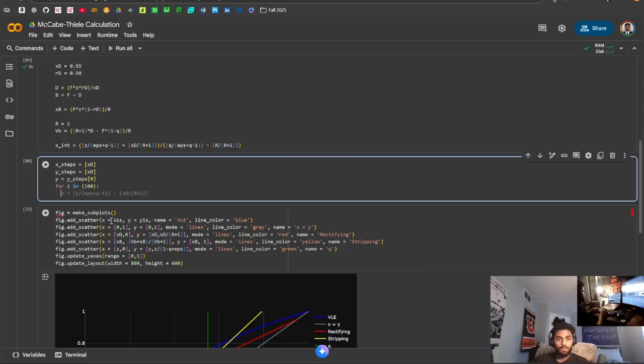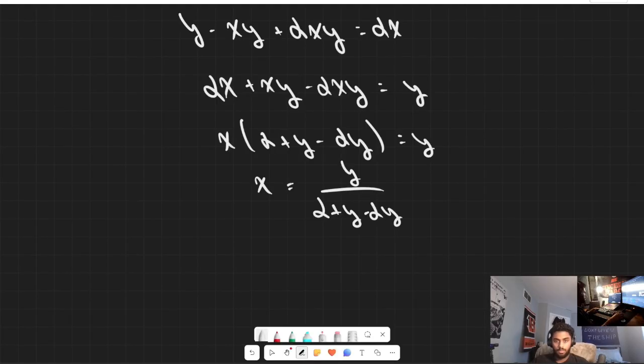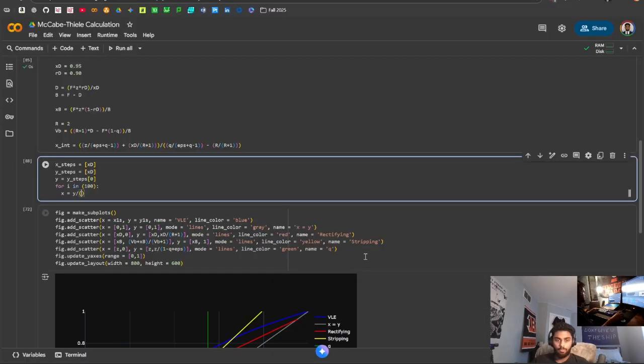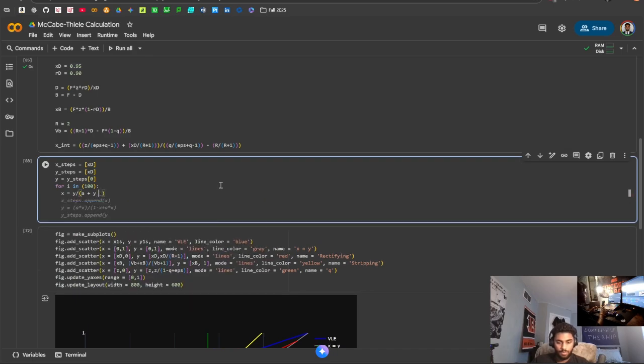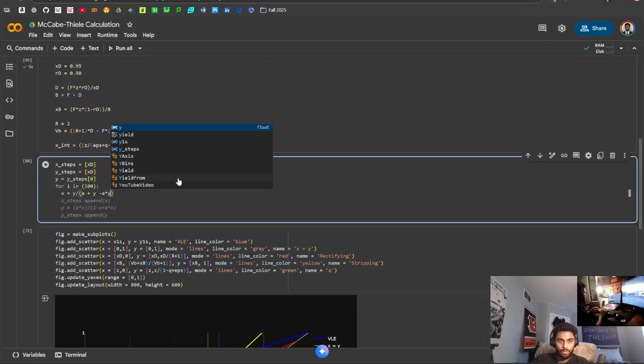So what we want to do is bring in the x value that correlates with our y value. So x equals y over alpha plus y minus alpha times y.